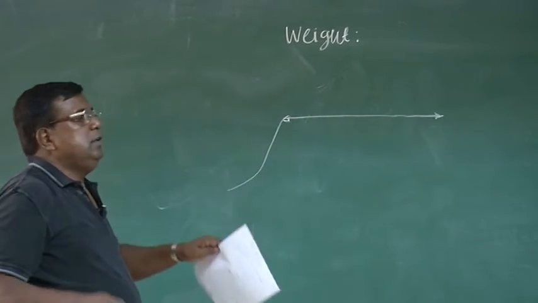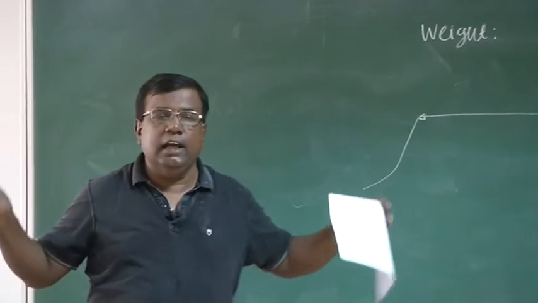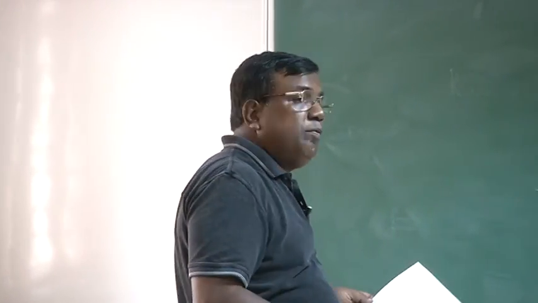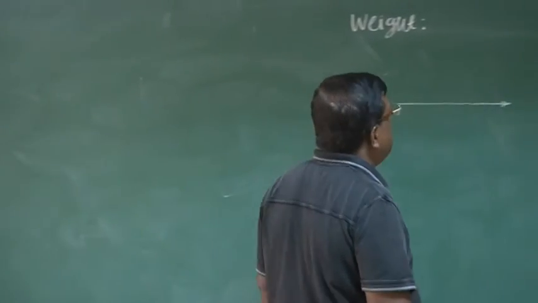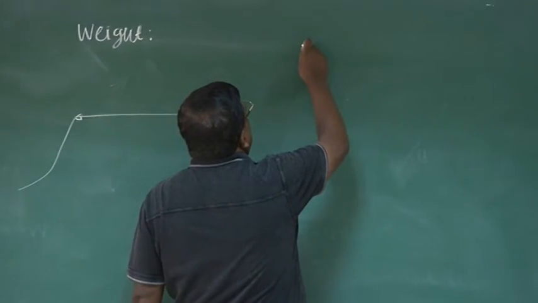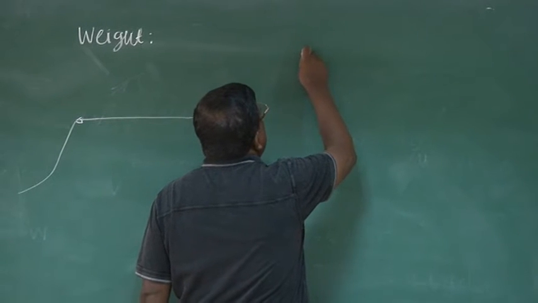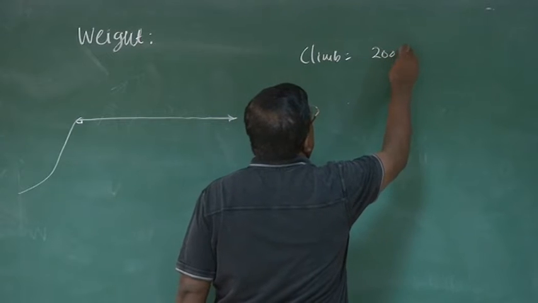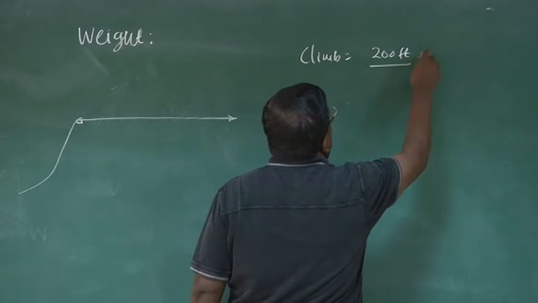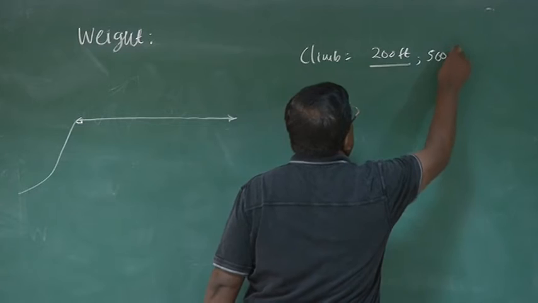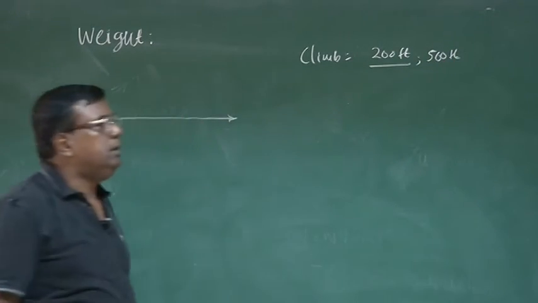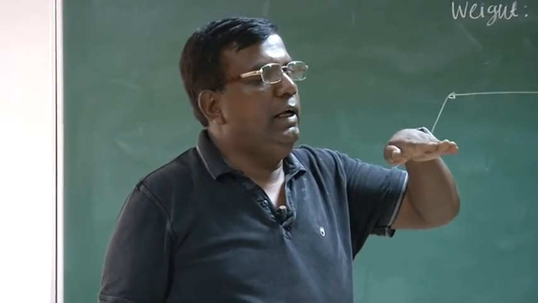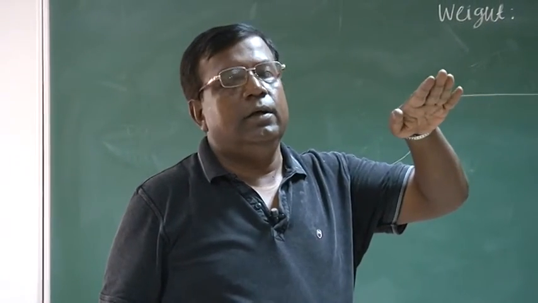Okay, the pilot is hands off. He says, I am at a cruise altitude of this much. What is our aim? Our aim is to do the rate of climb experiment. Now you discuss with the pilot, say, let us climb, let's say for 200 feet, or at the max 500 feet. So I am cruising at the altitude, and we negotiate with the pilot, sir, let us go to 200 feet or 500 feet.